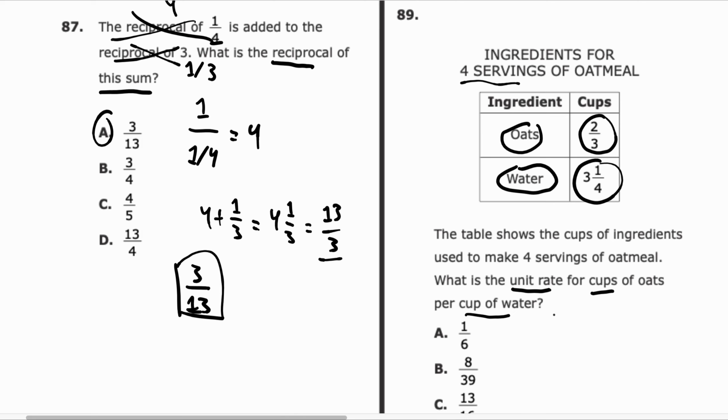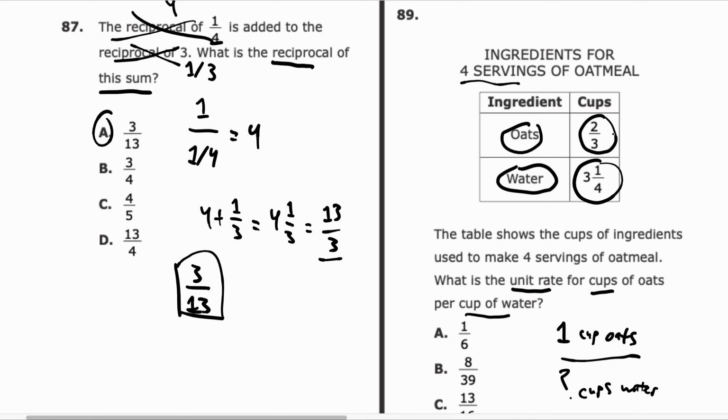Basically what this is asking is, if we have 1 cup of oats, proportionally how many cups of water do we need?